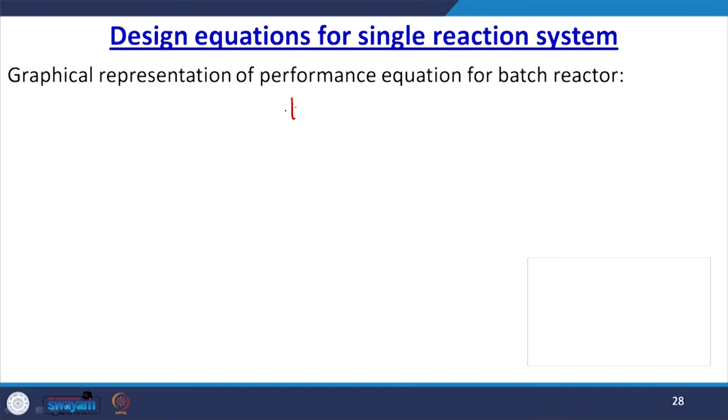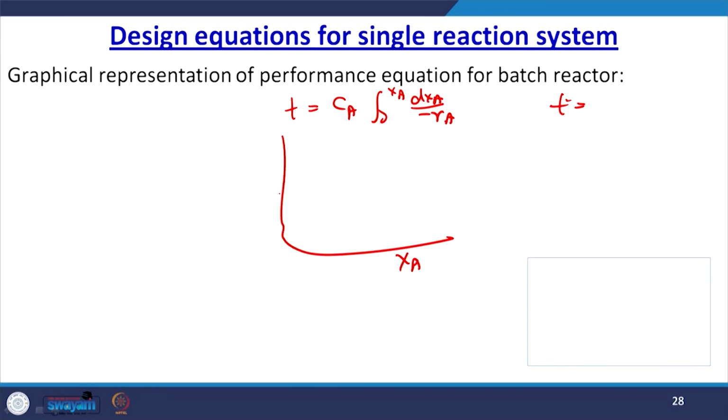Now sometimes you need the graphical representation of the performance equation for the batch reactor, and the governing equation for this one is this. If you wish to plot it, this is Xa and this is 1 upon minus Ra. It is a very common thing. The area under this particular curve is equal to T upon Ca naught.